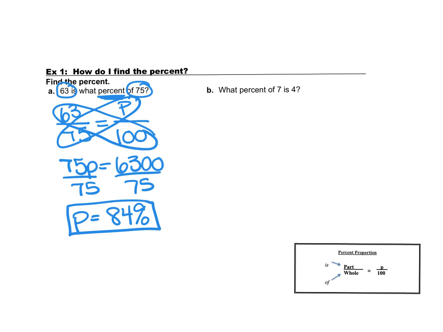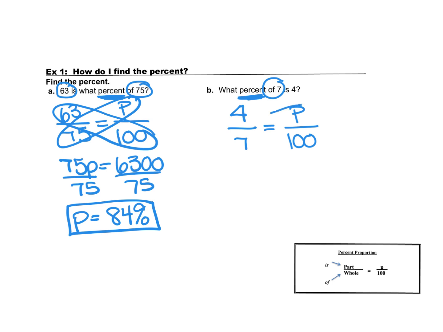All right, question number 2, or letter B. We have what percent of 7 is 4. So let's go ahead and make our proportion, and then we're going to have over 100. Again, we're looking for what percent, so that's what we're solving for. Notice "out of" is always the whole, and then the 4 will be the part, the "is."